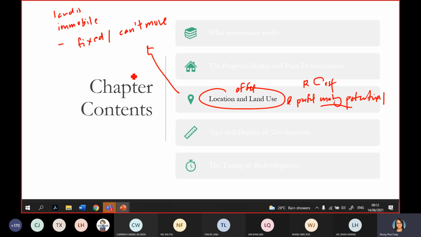You may say that you want to sell, but it is not very easy to sell a property near a graveyard. So that's why this characteristic, that land cannot be moved, is very important to consider, because the location will affect the land use and also the profit making potential.